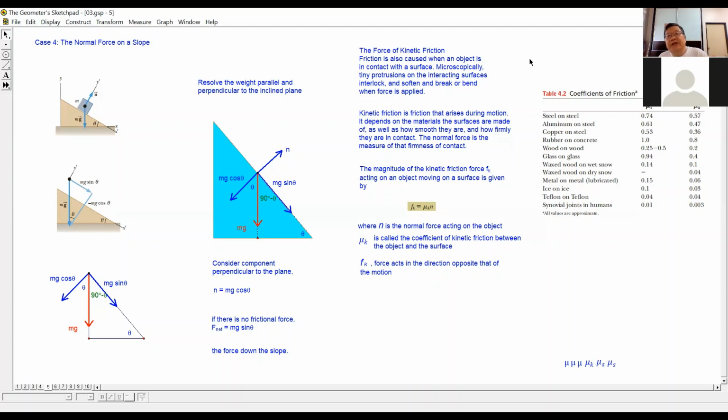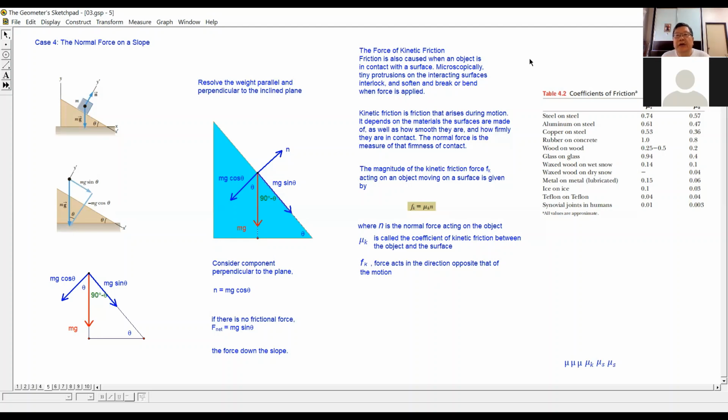So this frictional force is actually useful. Although it opposes and slows down our motion, it is useful because it will not make us slip. If there's no friction, there's no grip between the surface and your foot, so you will slip backward. So it is useful, right?